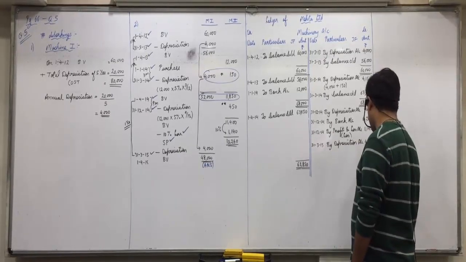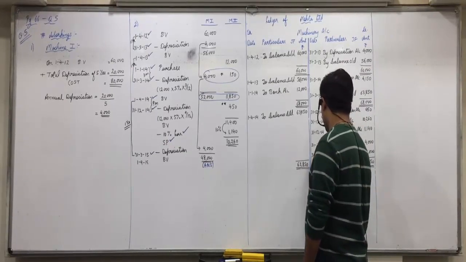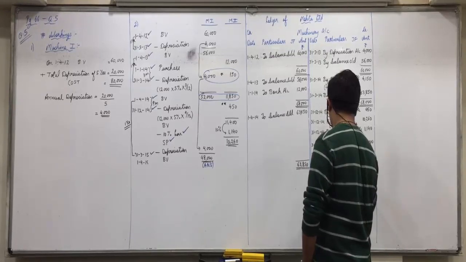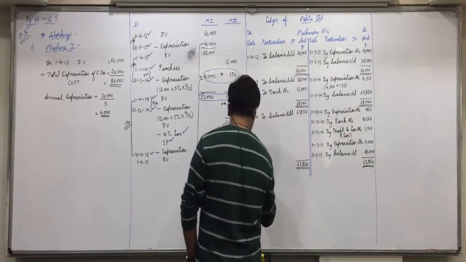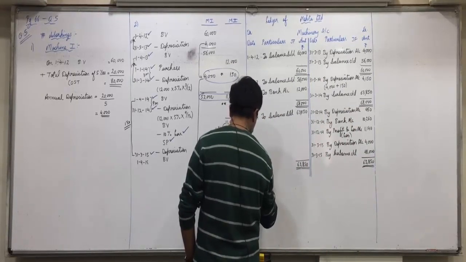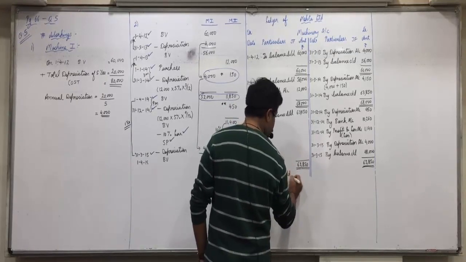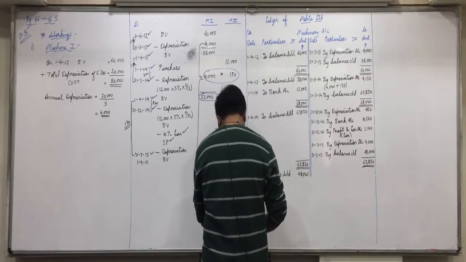Do you get 48,000? Means our answer is right, provided your workings are right. 31/3/15 by balance carried down. Opposite side 1/4/15 to balance brought down 48,000. Is every one of you clear with this?